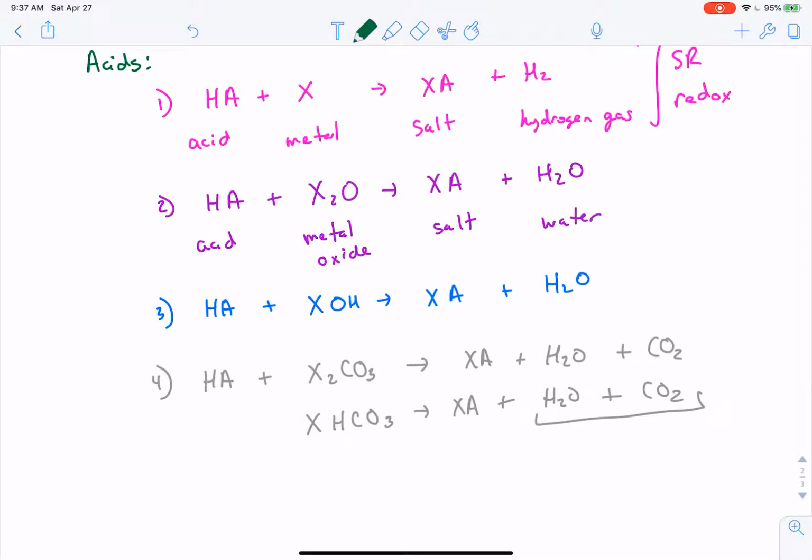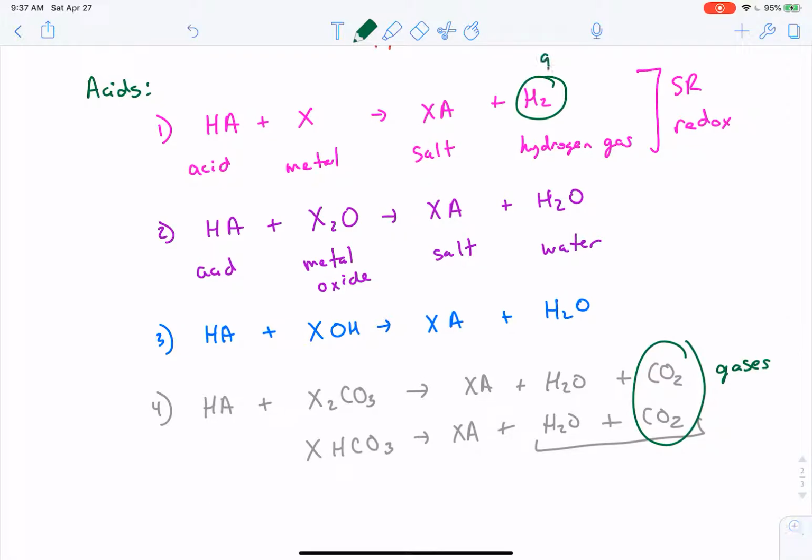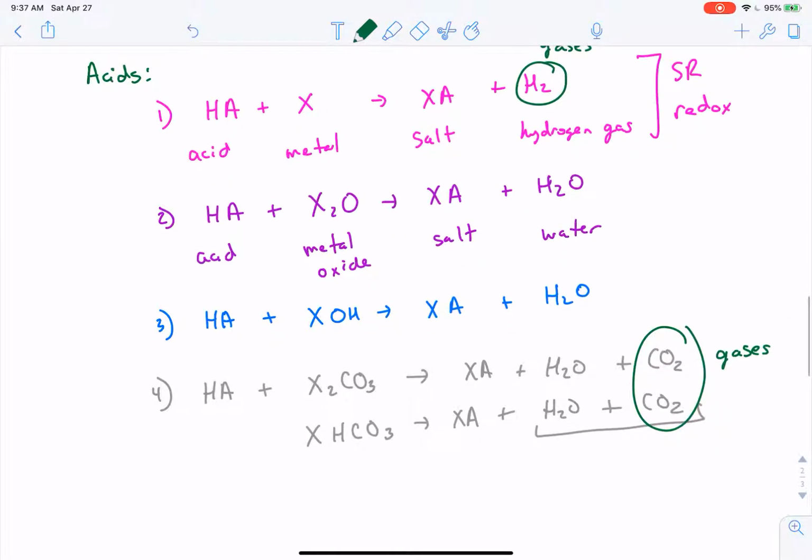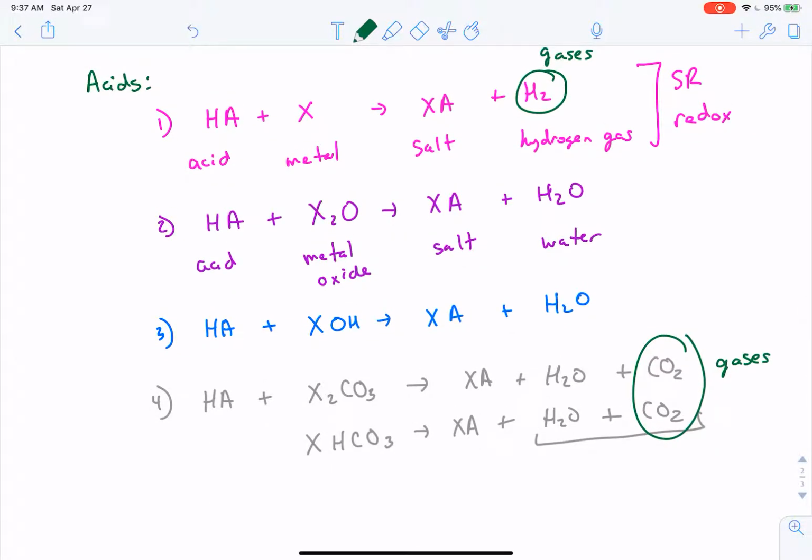Now, just another note, these that produce gases, you can use that to measure the rate of reaction. Okay? So if they ask you, state a method of measuring the rate of reaction, with these reactions, you can just measure the volume of gas being produced over time.